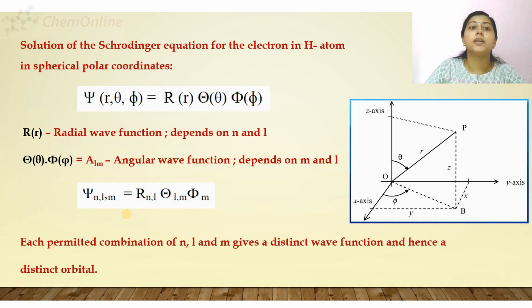This equation shows that the wave function psi not only depends on r, theta and phi, but also on the three quantum numbers n, l and m. Each permitted combination of n, l and m gives a distinct wave function and hence a distinct orbit.